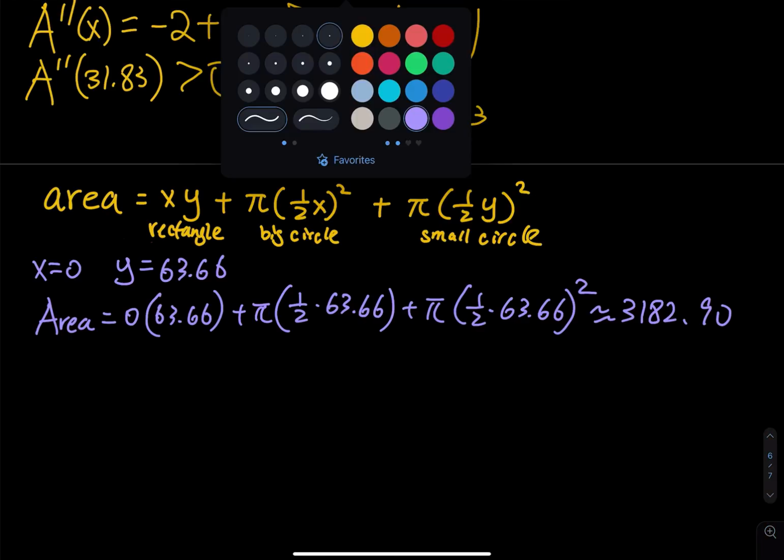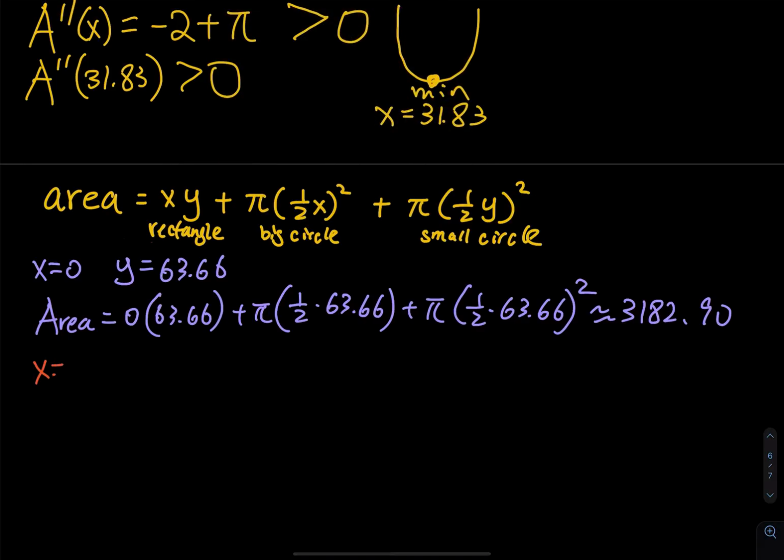And then when x equals 63.66 and y equals 0, if you do the plugging carefully, we also get 3182.90.